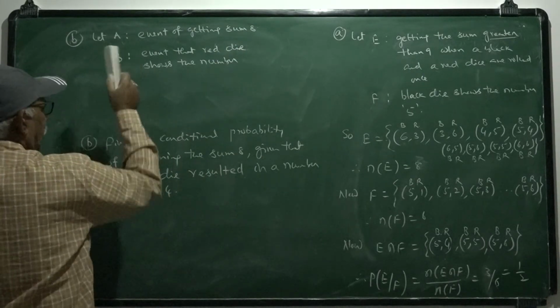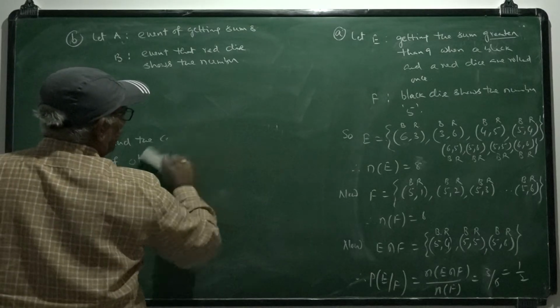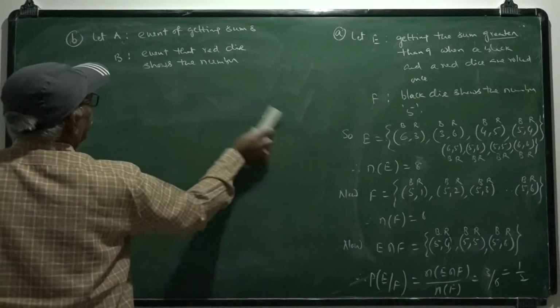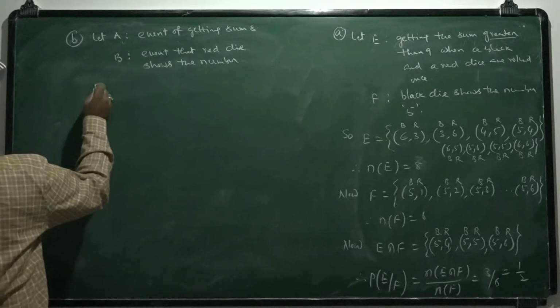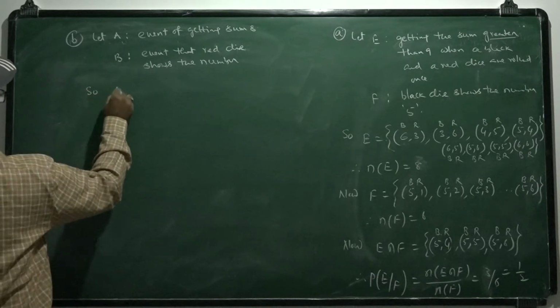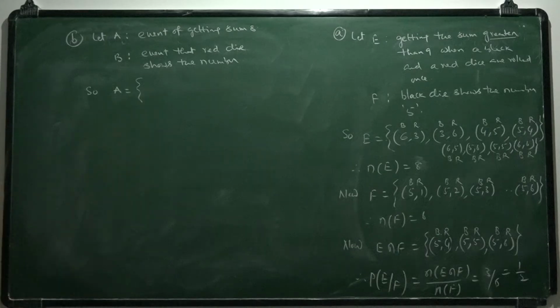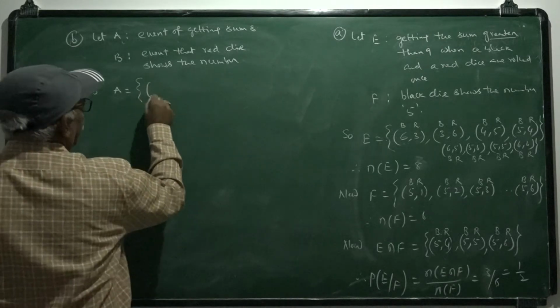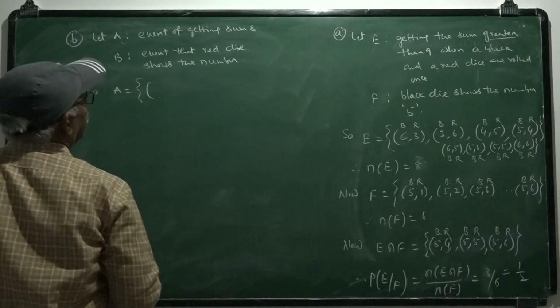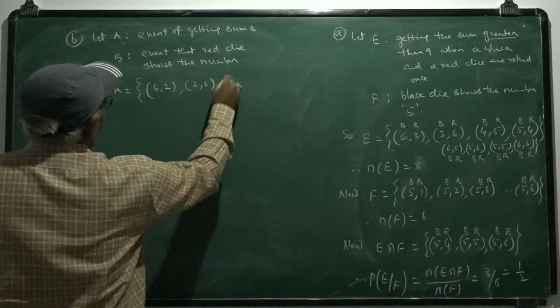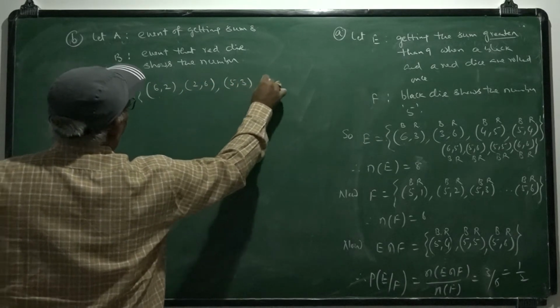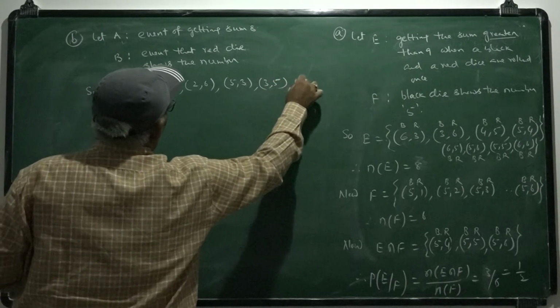Now the conditional probability of A on the occurrence of B is needed here. The favorable possibilities to the event A, getting the sum 8 once 2 dice are rolled, are 6 2, 2 6, 5 3, 3 5, and 4 4.